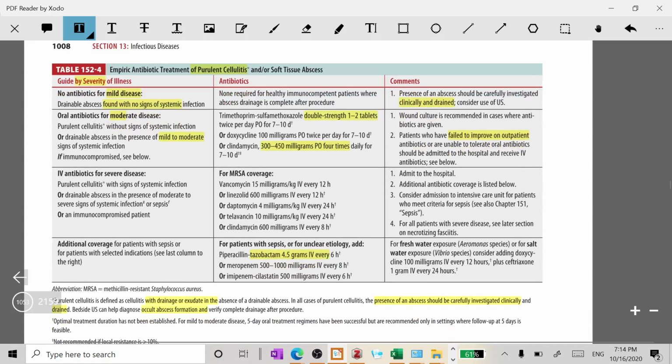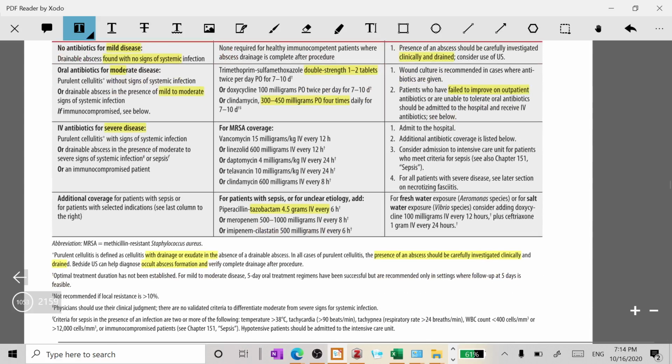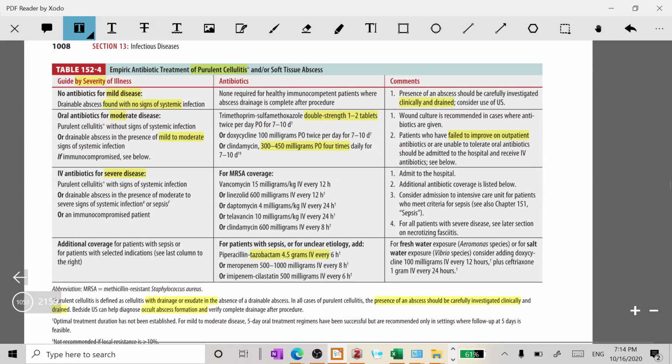In case of severe disease, IV antibiotics are recommended. For purulent cellulitis, as we have already discussed, which cannot be drained: purulent cellulitis with signs of systemic infection or drainable abscess in the presence of moderate to severe signs of systemic infection or sepsis, or an immunocompromised state. If you see here, an immunocompromised state should also be considered in the severe category.